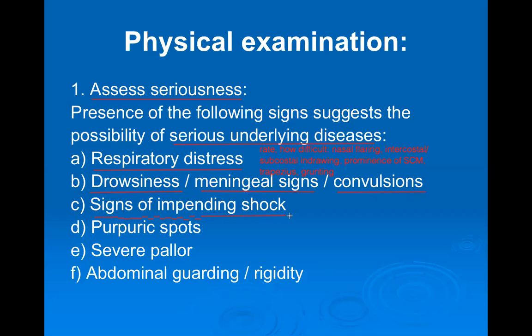Low volume pulse may be another feature, but that is only present in hypovolemic shock and cardiogenic shock. In case of fever, septic shock is very common to occur. So if we check, the pulse may be bounding type. Bounding means high volume pulse, and the periphery may be warm in case of septic shock. We have already done the topic of shock, so those are the important points you should never forget.